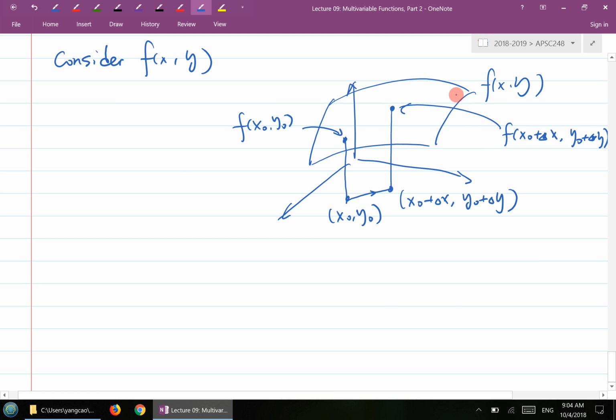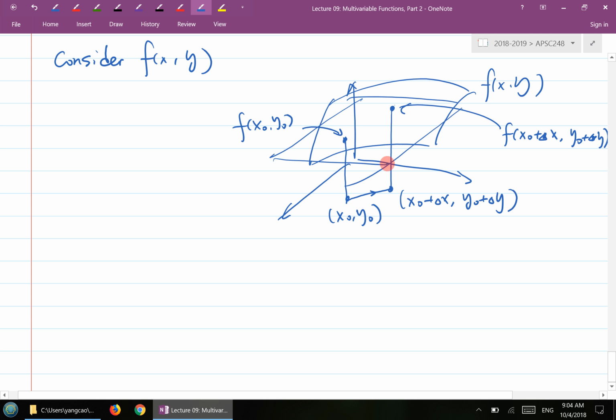Instead of moving along the actual surface f of x, y, an alternative is what?